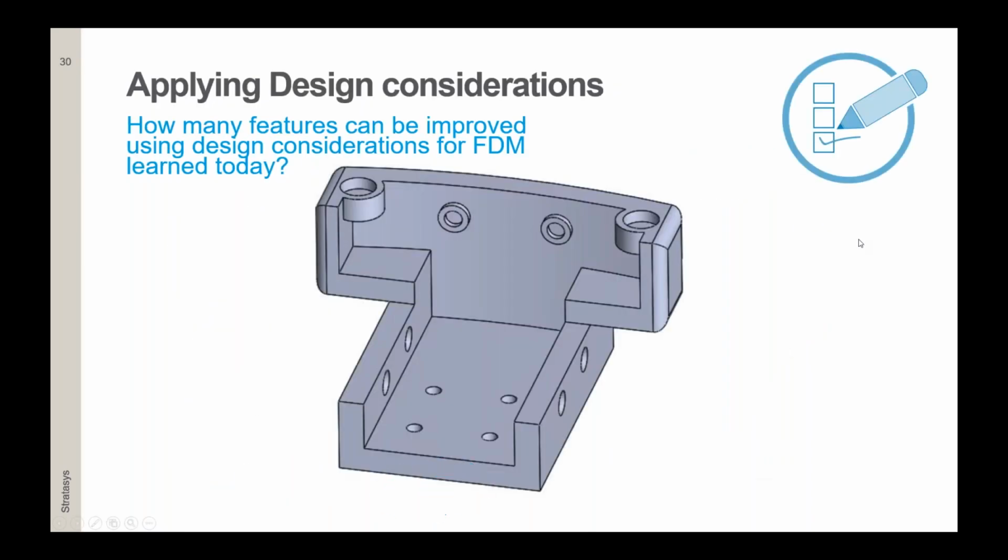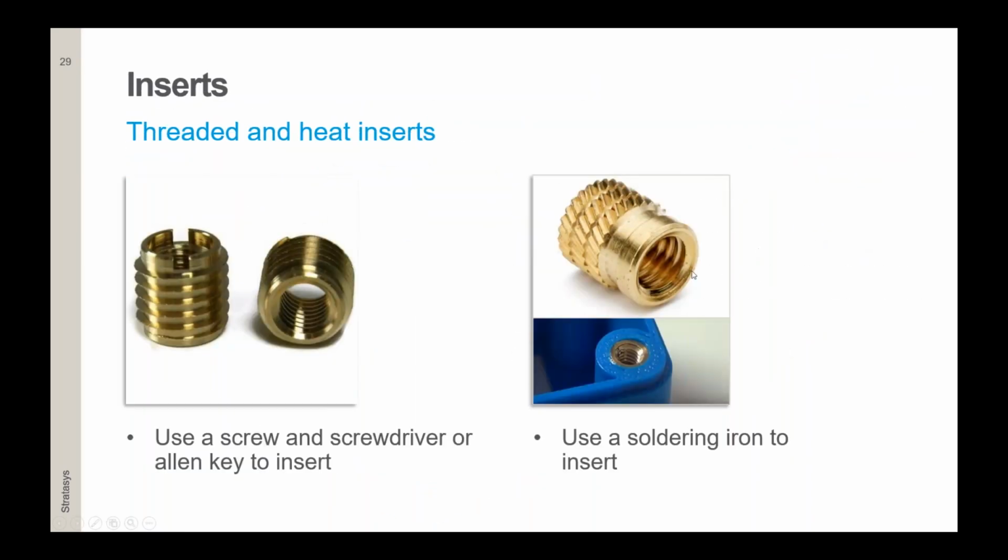If I go back a little bit further, I mentioned that you need to use the data sheet from the manufacturer of the insert. They usually write this on the data sheet itself.